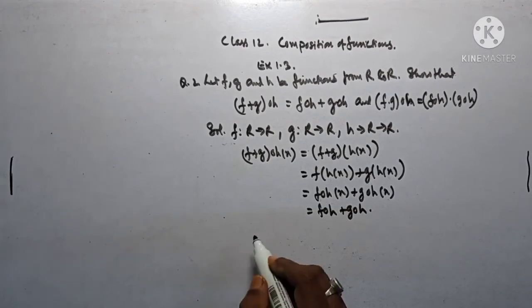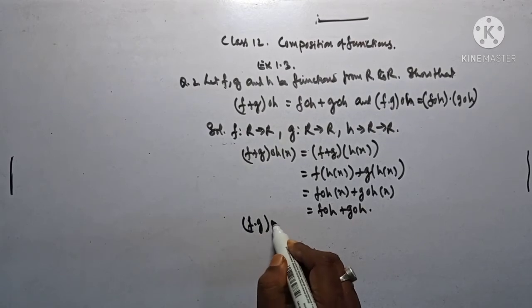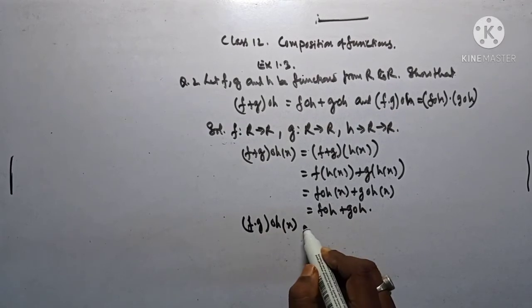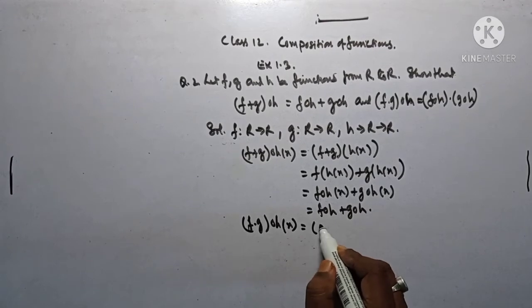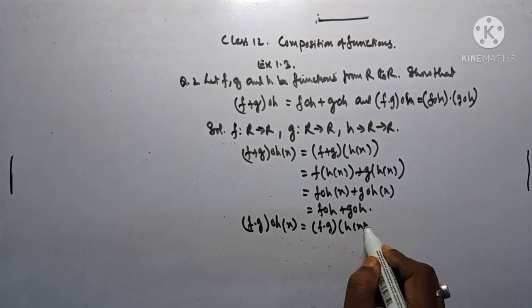Now your second part of the question is (f · g) o h at x.